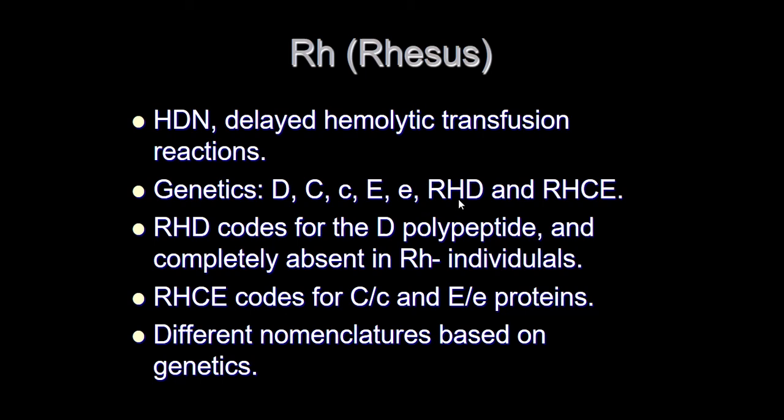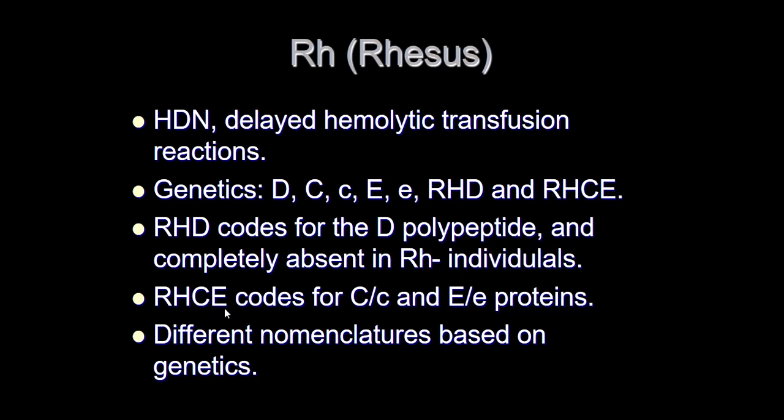So RH capital D, the presence of D here, and RH capital C, capital E, that means those are present as well. So RH capital D codes for the D polypeptide, and it's completely absent in the Rh negative individuals. So the capital D is the most important.